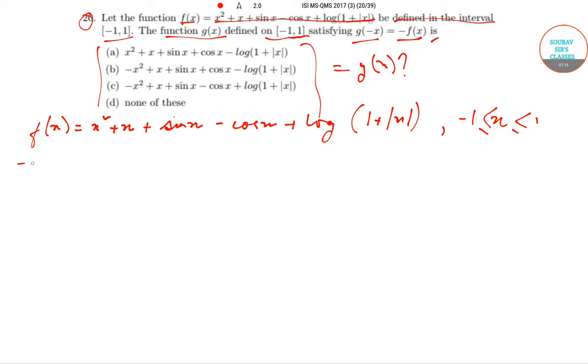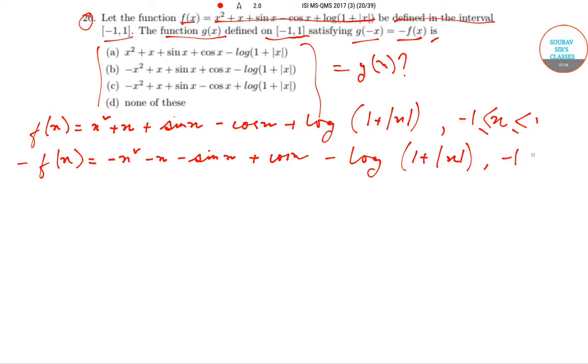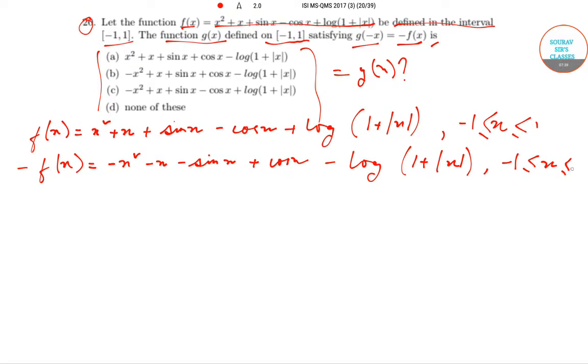This implies that minus of f of x will be given by minus x square minus x minus sin x plus cos x minus log of 1 plus mod of x, where x lies between -1 and 1.